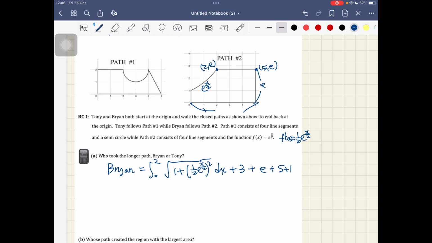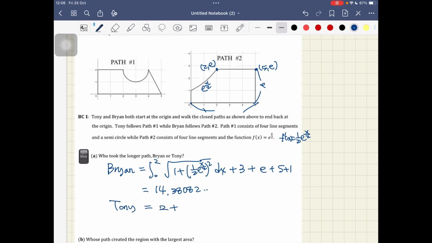When I calculate the first integration from 0 to 2, the square root of 1 plus e to the power of x over 4 dx, this comes to 14.38082.